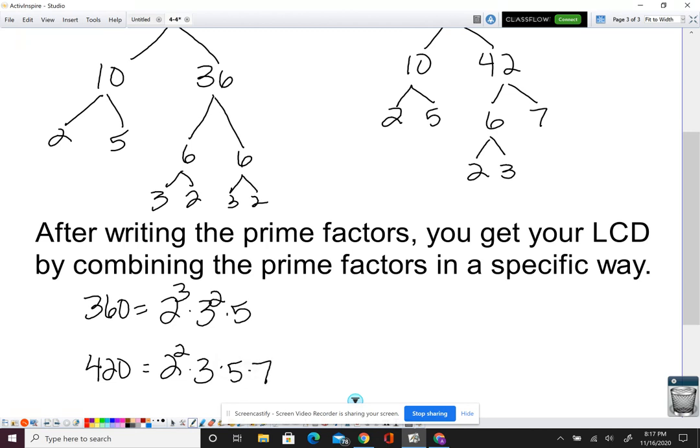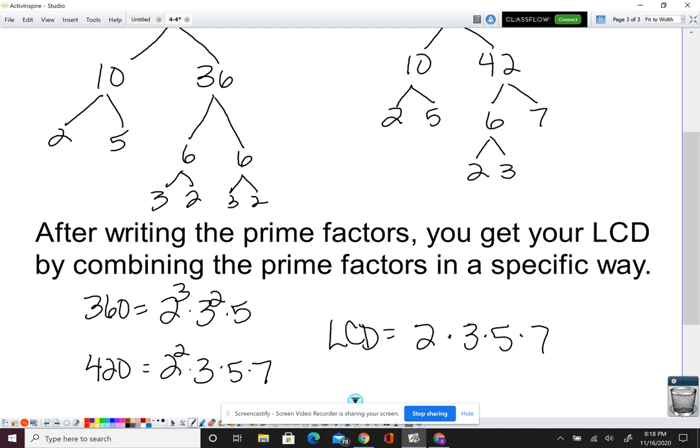So now that we have this written this way, our LCD is found by taking the different bases that we have. So we have a base of 2, a base of 3, a base of 5, and a base of 7. So we can write those down. And then we're going to take the largest power of each of those bases, which is in either one of those.